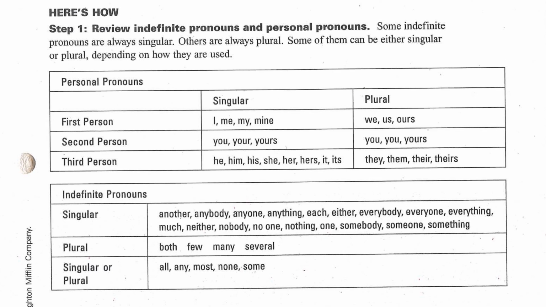All right, so how do you do it? Here are the steps. Review indefinite pronouns and personal pronouns. Lovely chart to study here. What's personal pronouns? Indefinite pronouns: another, anybody, anyone, anything, each, either, everybody, everyone, everything, much, neither, nobody, no one, nothing, one, somebody, someone, something.